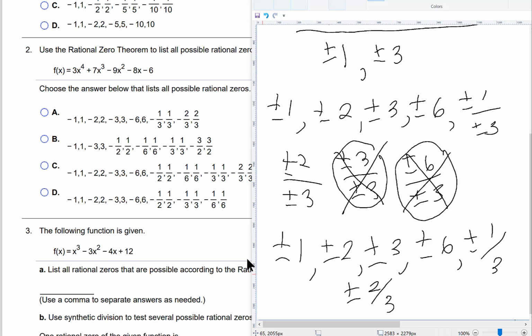So that's going to be choice A. The 1/3 and the 2/3 are there. And notice how they listed them separately. You can write it with the plus or minus, or you can list them separately.